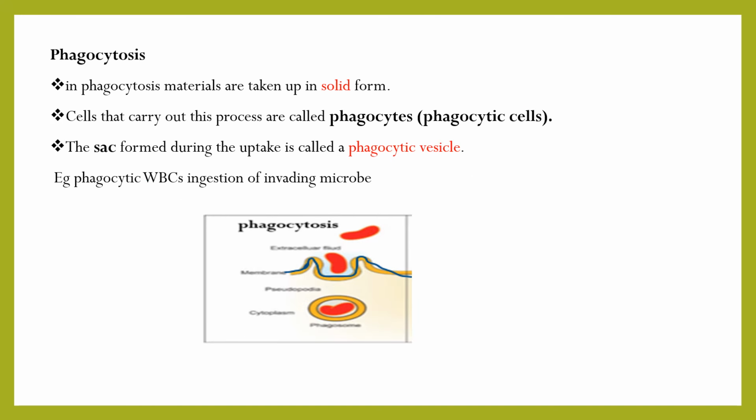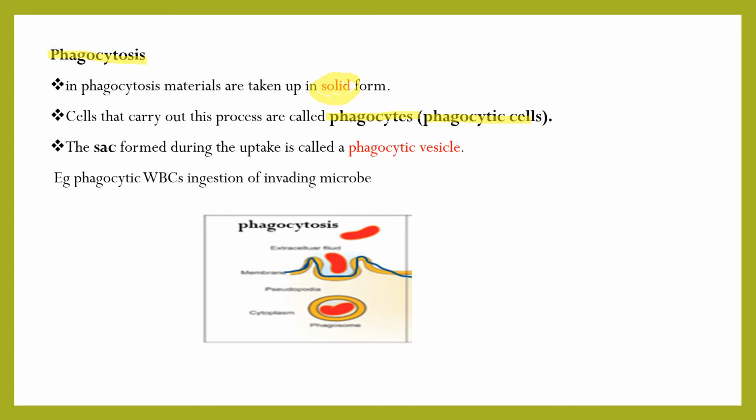Phagocytosis is the third type of endocytosis. In phagocytosis, materials are taken in the solid form. Cells that carry out the phagocytosis process are known as phagocytes or phagocytic cells. You can use phagocytes or you can use phagocytic cells.